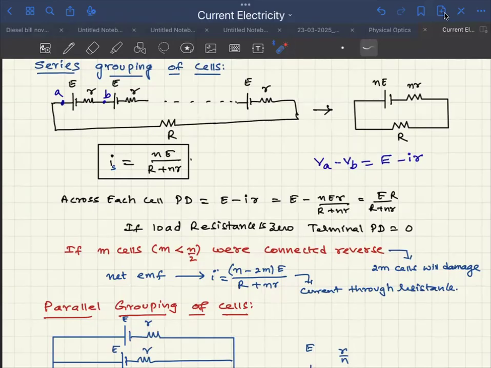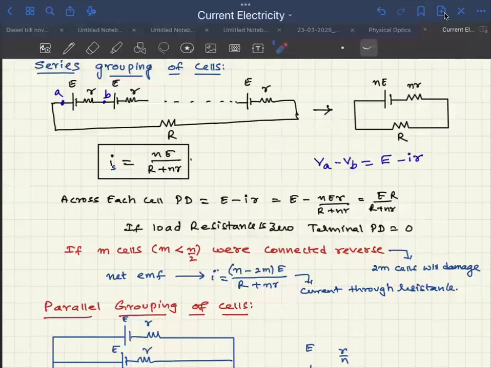The next important point is, sir, I have made a small mistake. I know you asked me to connect in order plus minus, plus minus, plus minus, and so on, n cells. But since I am reckless, I have made some batteries a wrong connection. What do you mean by wrong connection?